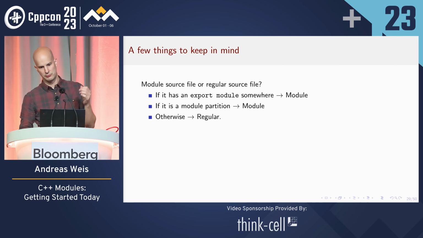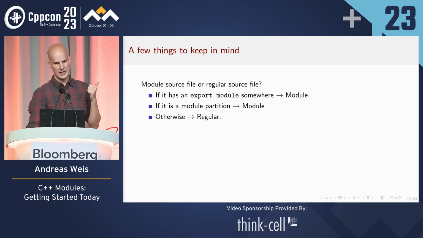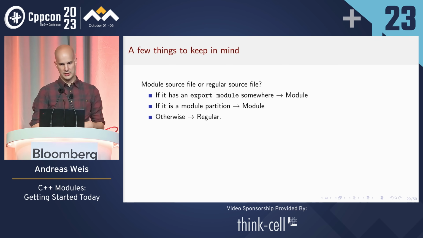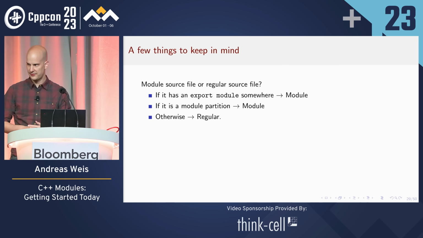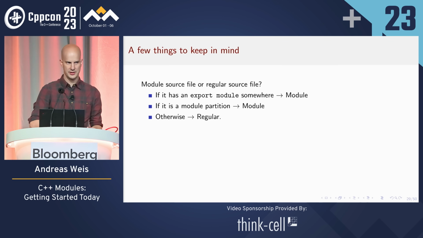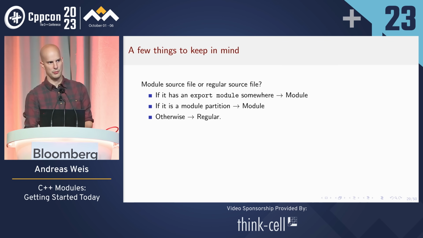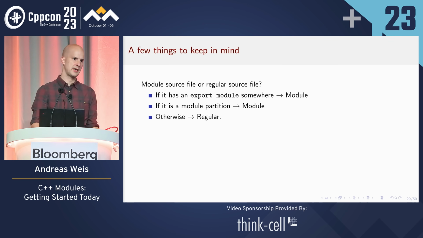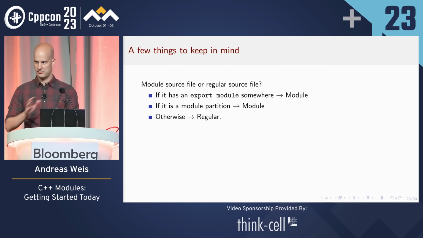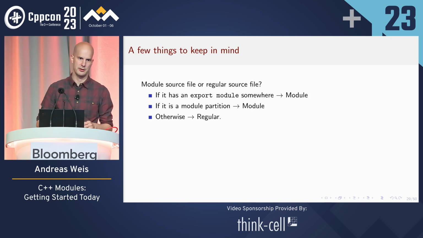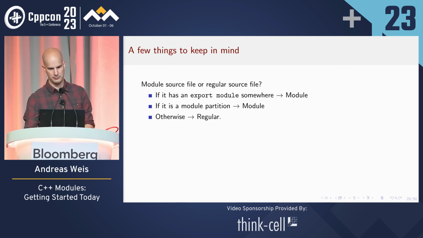The rule of thumb here should be, if you have an export module somewhere in your file, then it goes into the module section. Also, if you're writing a module partition, whether it's an interface partition or an implementation, it goes into the module. In all of the other cases, it's just a regular source file. And if you mess this up, you will probably get a compile error. So this is the rule of thumb here.